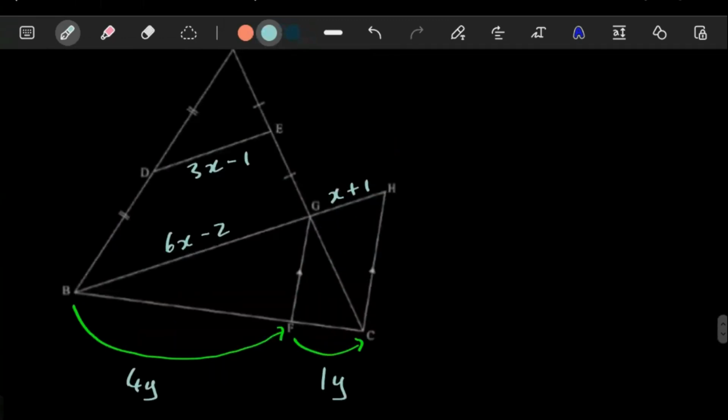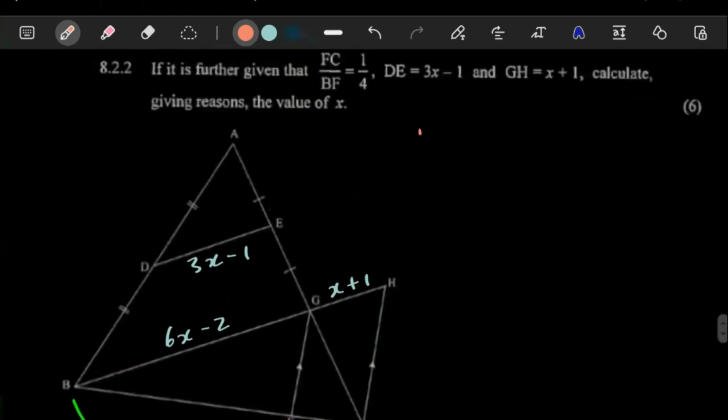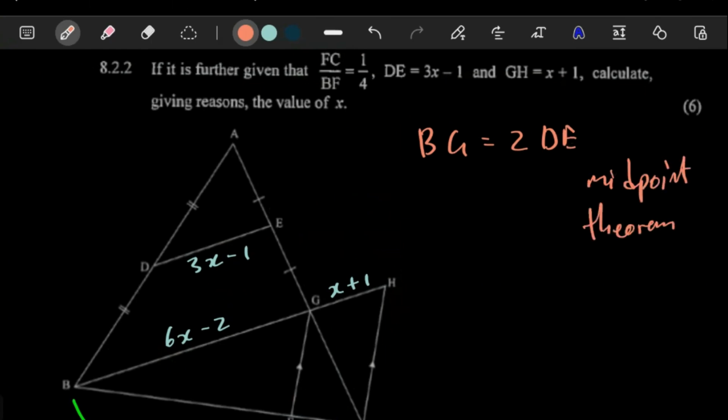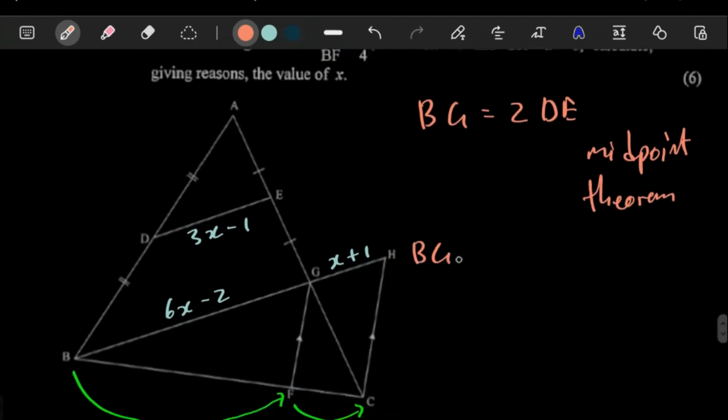Well, the one thing we can already see is that there's this over this, which is going to be equal to that over that. So let's say BG is equal to double whatever DE is. The reason is midpoint theorem. So here you have BG, it is going to be equal to double DE, which is 3x minus 1.